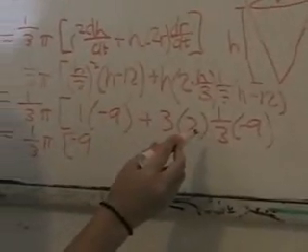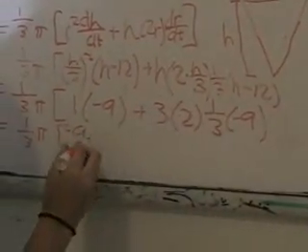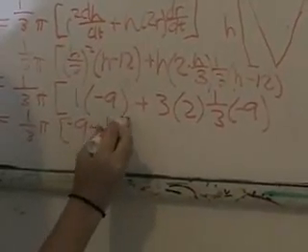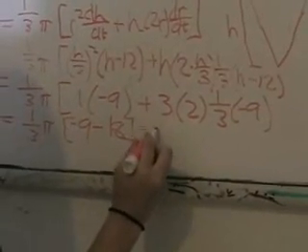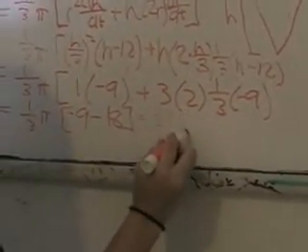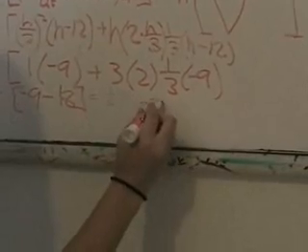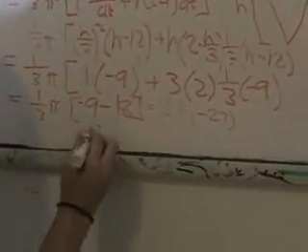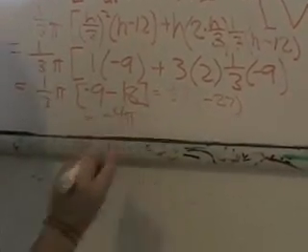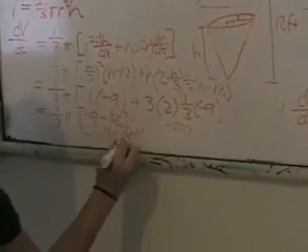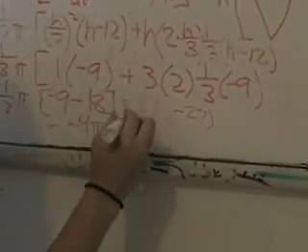So we cancel out the 3, so it's 2 times negative 9, which is minus 18. So this is 1/3 pi times negative 27. And so the final answer is negative 9 pi. Since it's a rate of change in volume, it's feet cubed per minute.